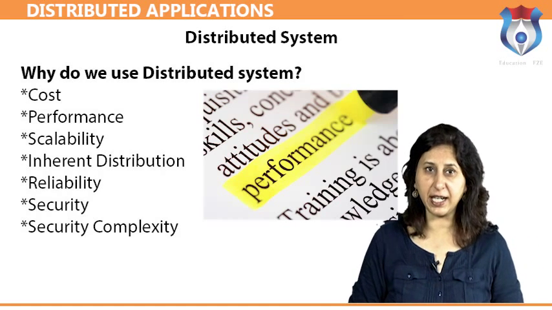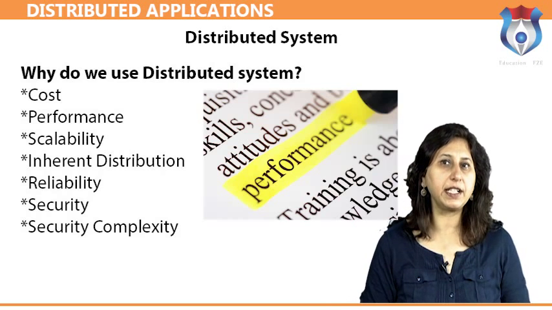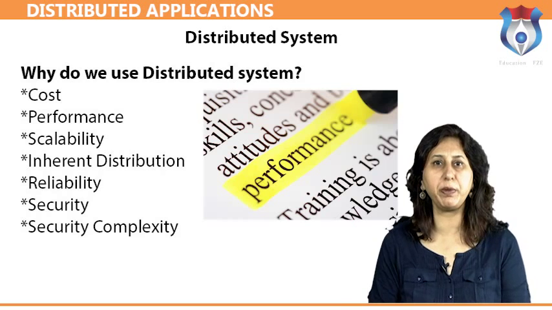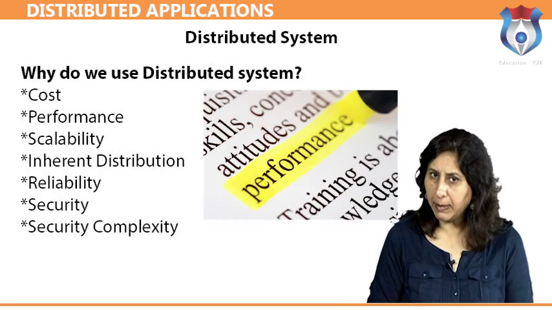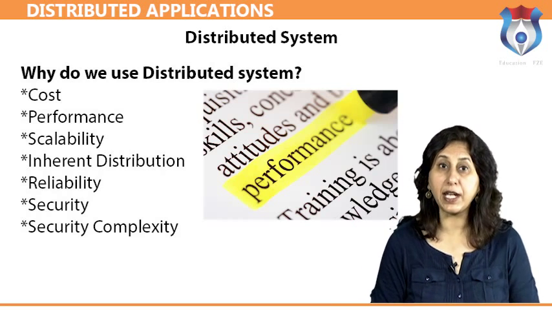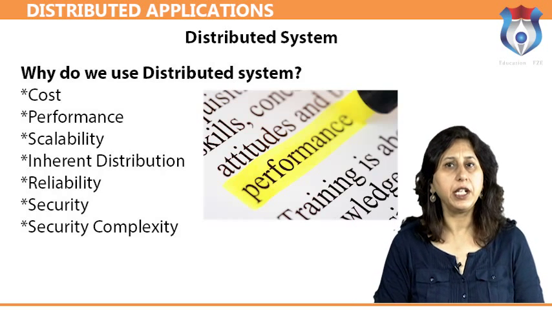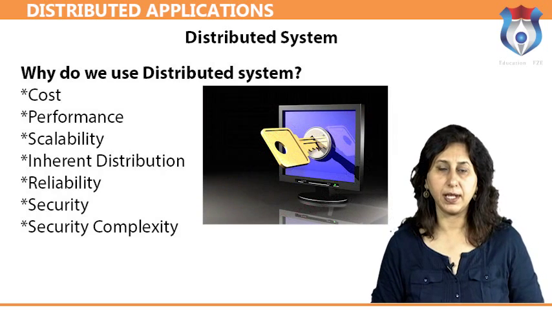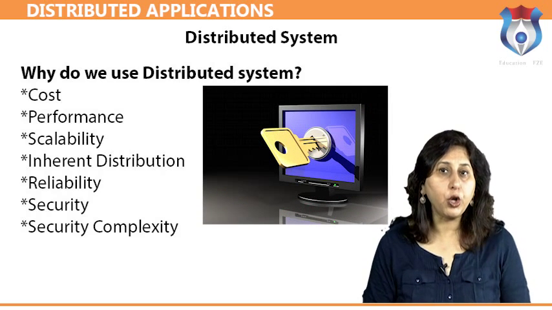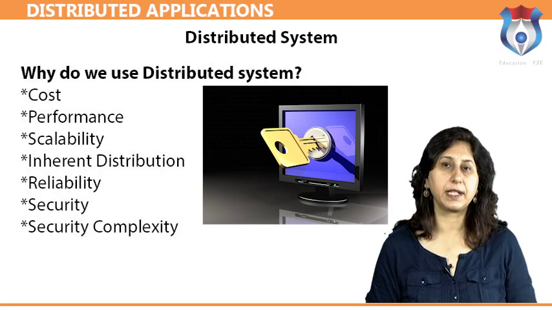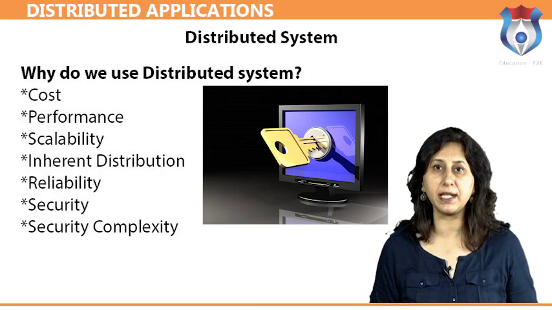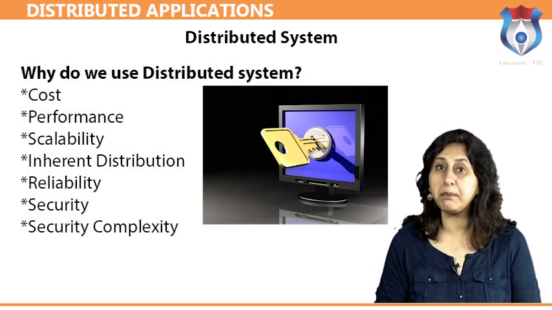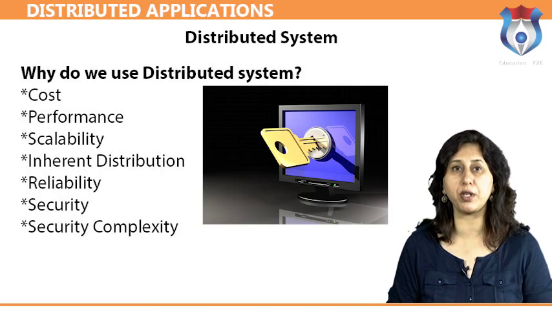New component, network: networks are needed to connect independent nodes and are subject to performance limitations. Besides these limitations, networks also constitute new potential points of failure. Security: because a distributed system consists of multiple components, there are more elements that can be compromised and must therefore be secured.